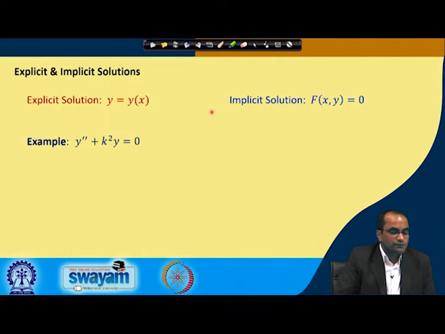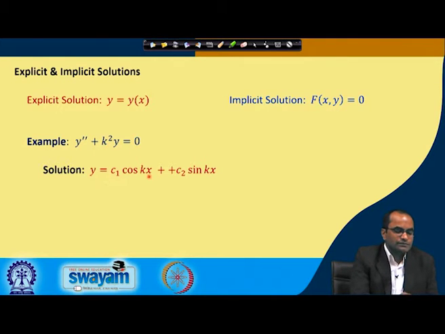So, for example, if we take this second order differential equation y double prime plus k square y is equal to 0, we can observe by substituting, in fact at this point, because we are not going to discuss the solution techniques.